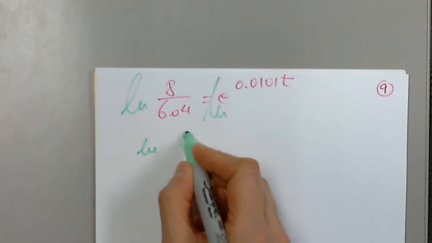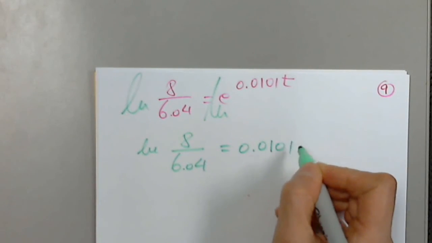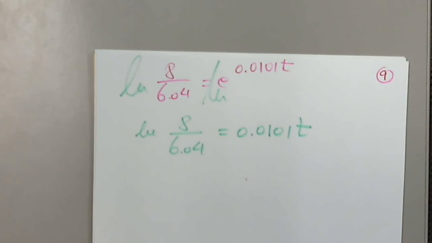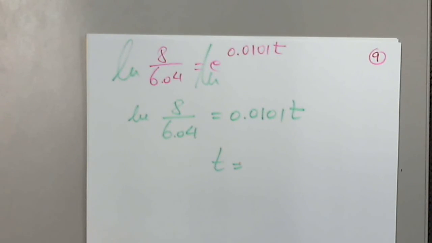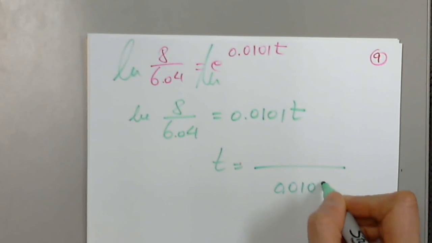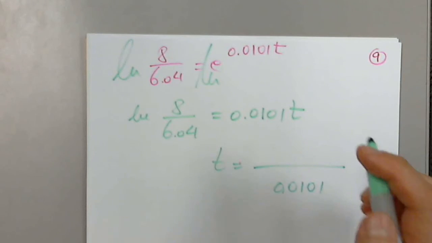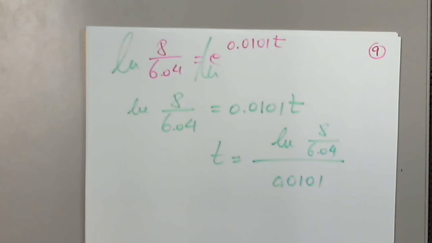Natural log of 8 over 6.04 equals 0.0101 t. Perfect. And finally, how do I get t? Divide by 0.0101, not t. Good, because I can solve if I divide by that.